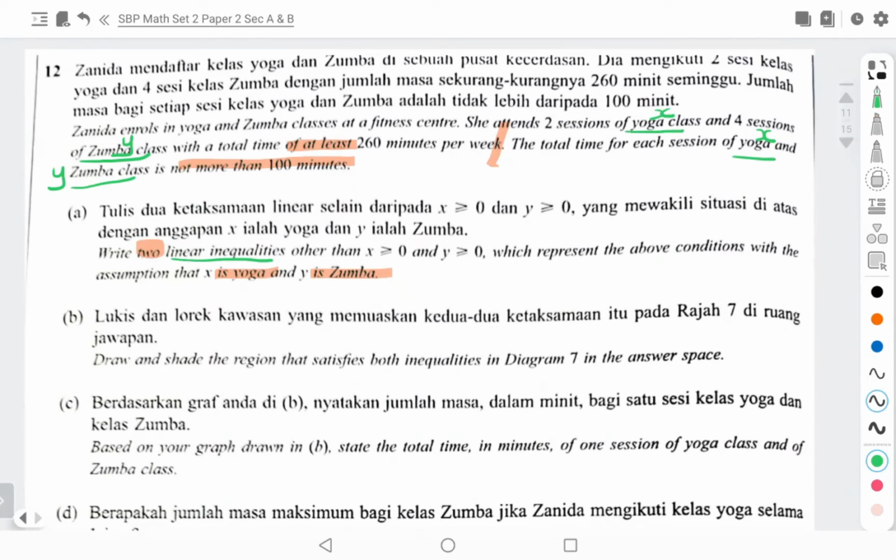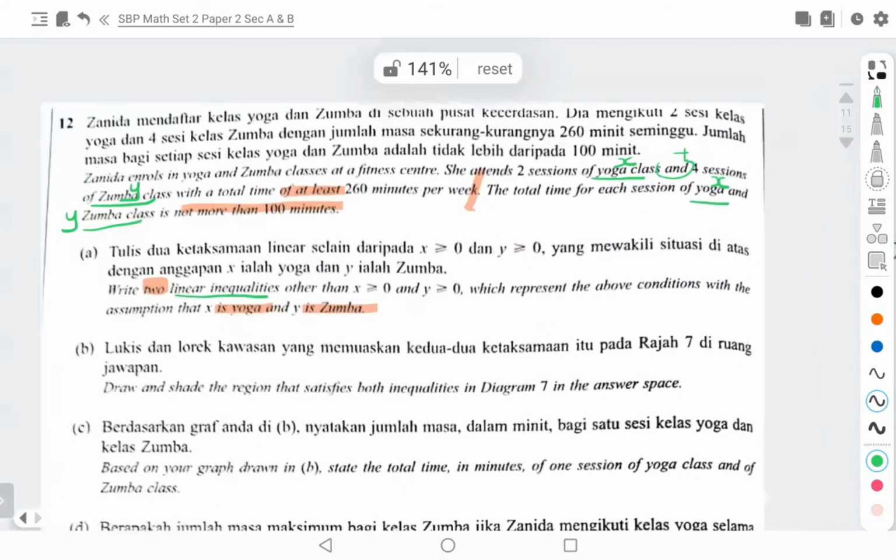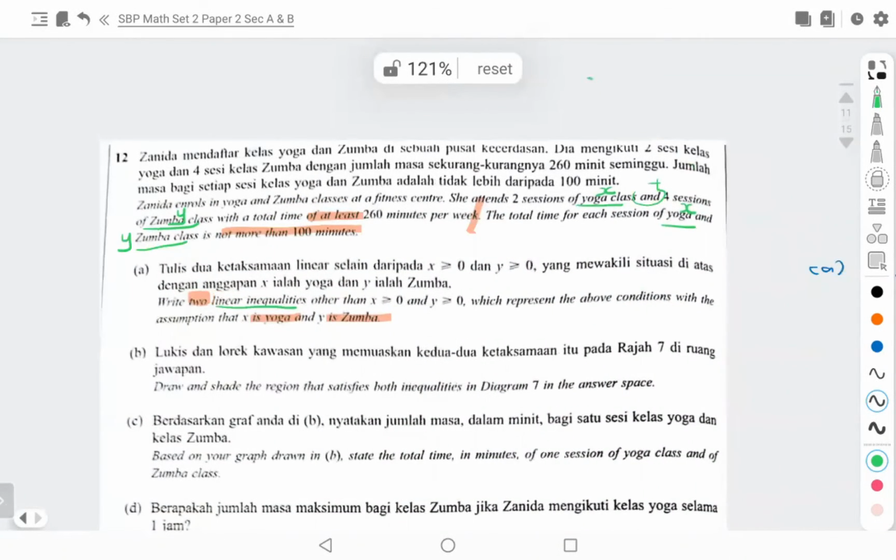The first sentence represents the first inequality. 2 sessions of x, meaning 2x, and 4y with a total of at least 260. So it will be 2x plus 4y greater than or equal to 260, because at least means it must be more than, or it can be 260 also.